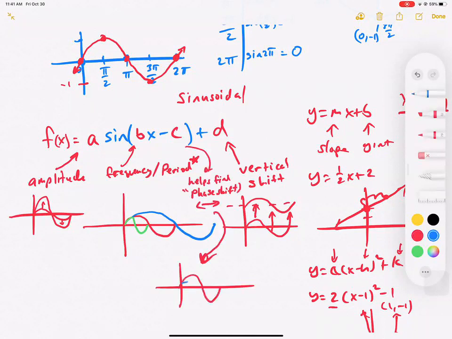It moves it forward, and the graph now starts over here. See, it pushes the graph forward or back. So these four characteristics help you graph this graph in 30 seconds or less, instead of literally like 10 minutes. Okay, maybe 40 seconds. You guys are a little bit slow.